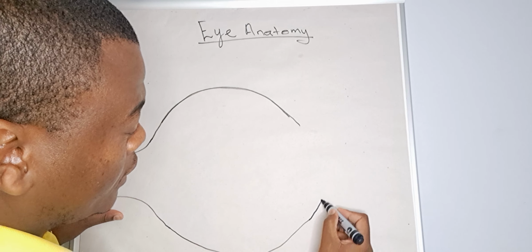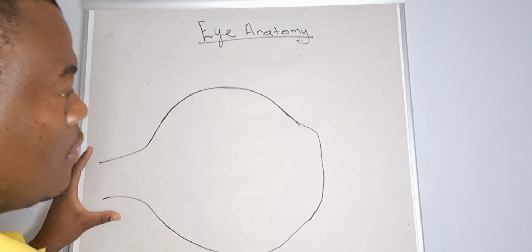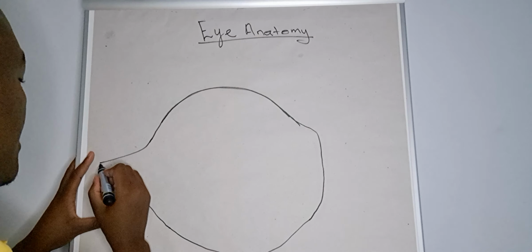This little indentation will be our cornea, and then the outer part.